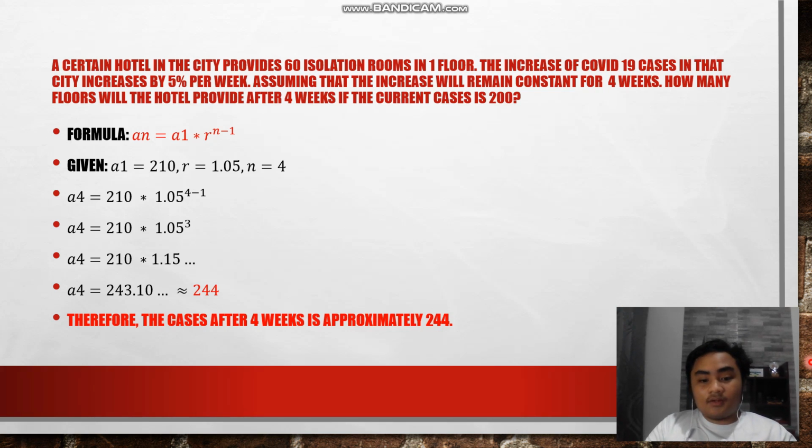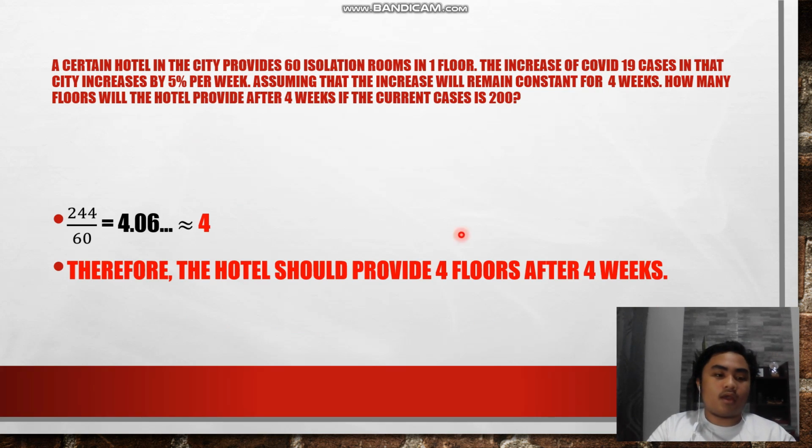So is that all? No. We have not yet solved the problem of how many floors the hotel will provide after 4 weeks. What we solved so far is the number of COVID cases after 4 weeks. Let's continue. To solve that, we need to divide the COVID cases by 60.